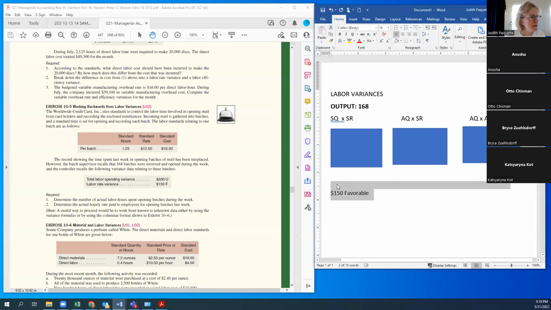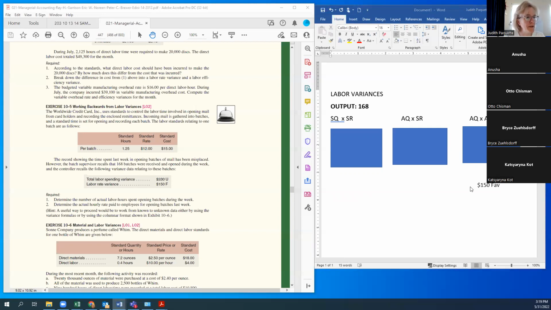But what do we do with labor efficiency? That's a tongue twister. Labor efficiency, good, Jared. So we don't know what that one is, okay?